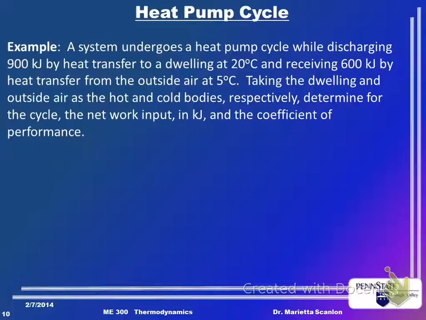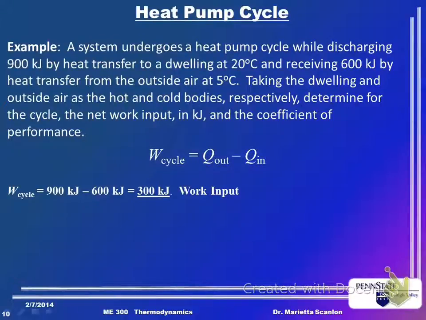That's how we abbreviate it, capital COP. Oh, it is still positive. Sorry. It's a work input, 3. So W cycle is Q out minus Q in, which is 900 kilojoules minus 600.